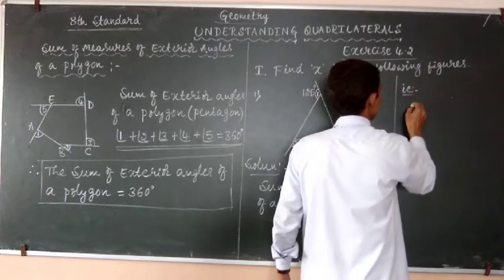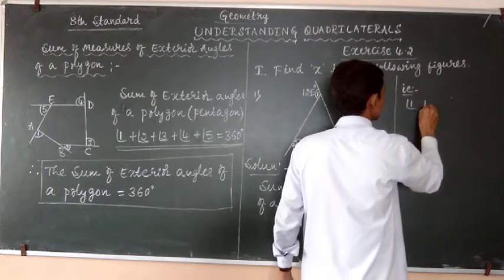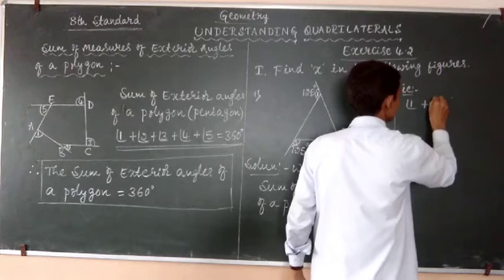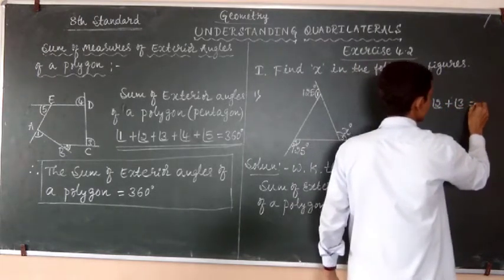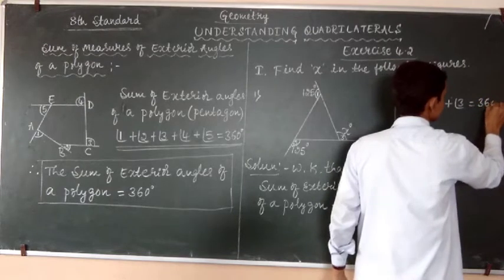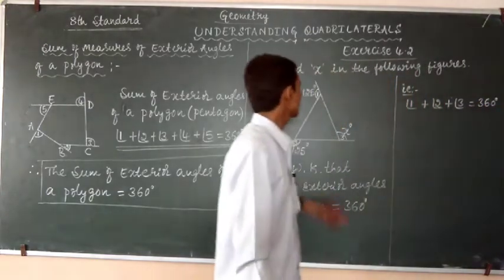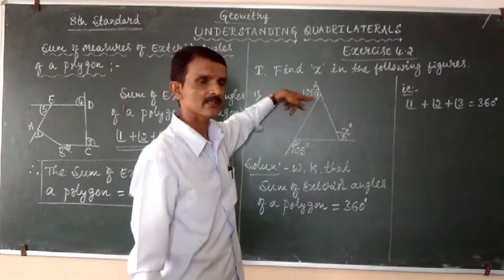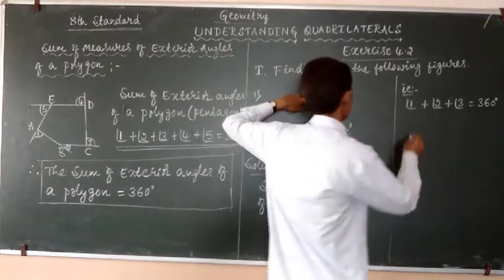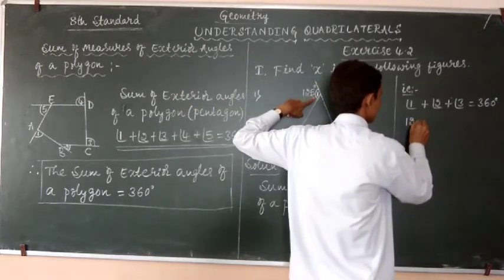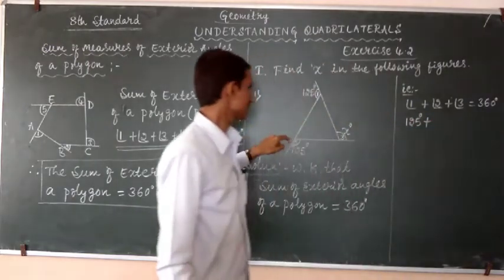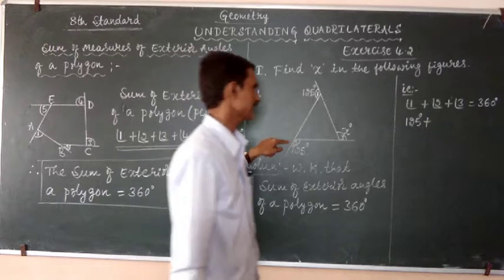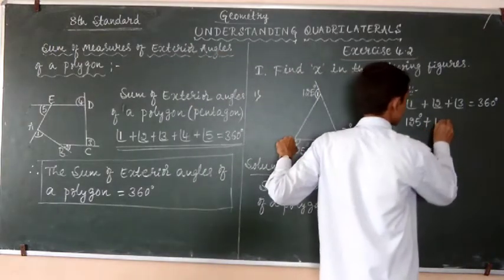That is, angle 1 plus angle 2 plus angle 3 equals 360 degrees. The first exterior angle is 125 degrees. The second exterior angle is also 125.